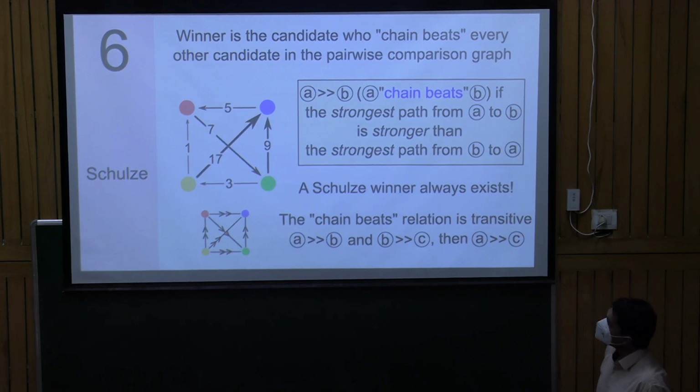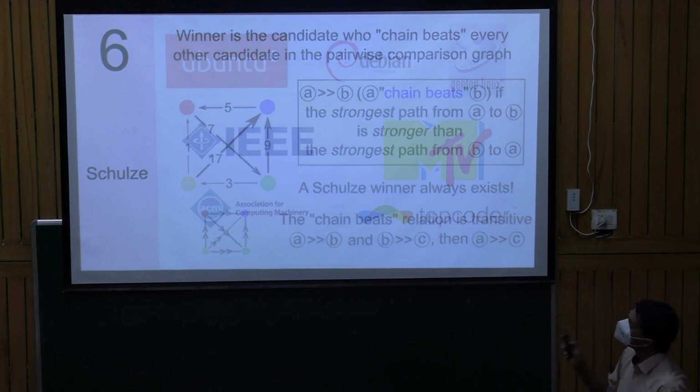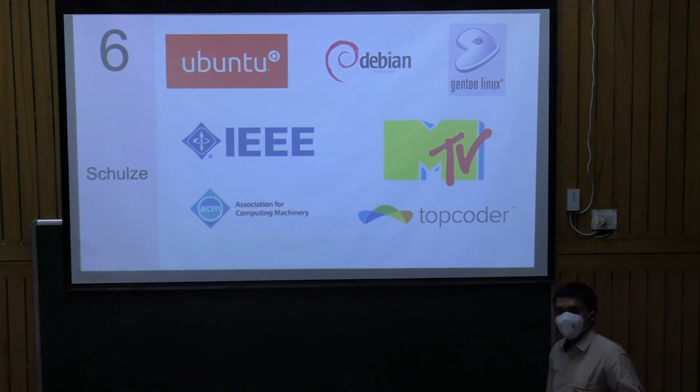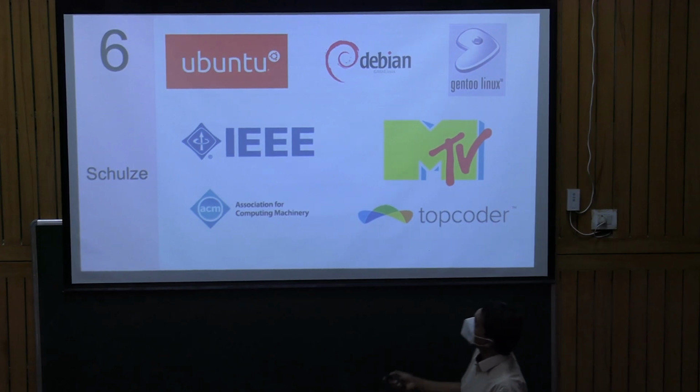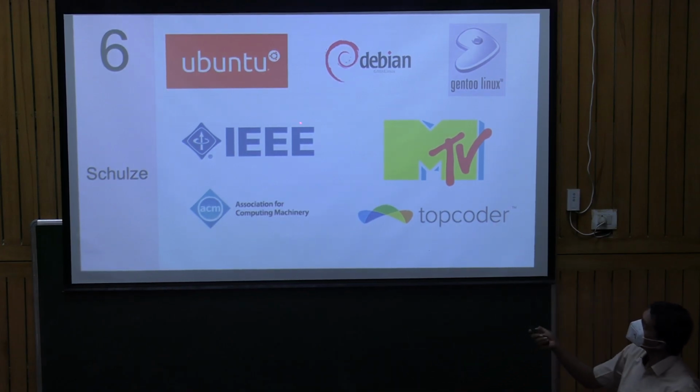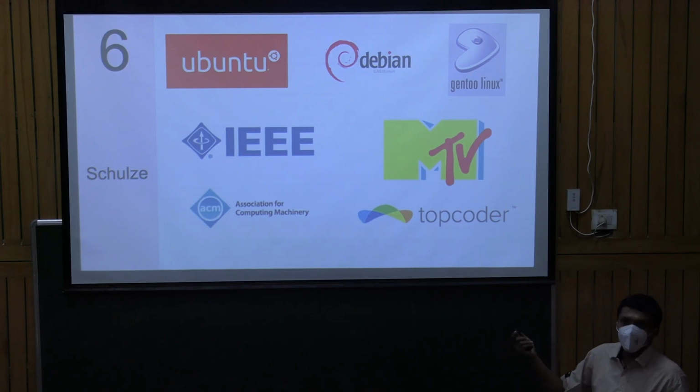Good. So this was the very complicated graph theoretic definition. And you can imagine that a rule with such a nerdy definition is used in nerd circles, right? It's used in various Linux distributions, Ubuntu, Debian, Gentoo, etc. It's used by scientific societies, IEEE, ACM, in electing their members.